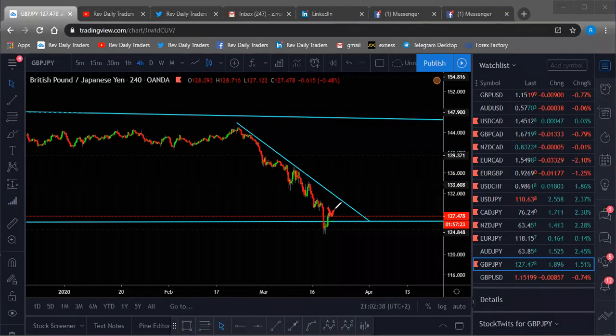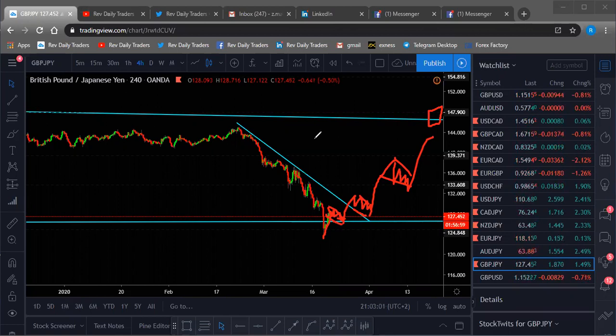Wait for a correction because it has started this impulse. Then wait for a correction, then take the trade. Okay? Then wait for another correction here and take a trade. Wait for another correction, take a trade until this price of 147.90. Okay, guys?